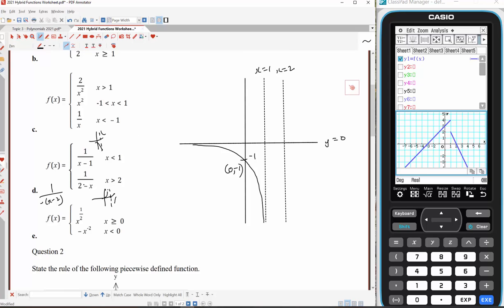And what we're doing now is drawing this one here. So that's when it's less than 1. When it's greater than 2, it means we're going to get this bottom half here. So it's going to go like this. So we're going to get something like that. Don't think I need anything else for that sketch there. Alright, so the last one.